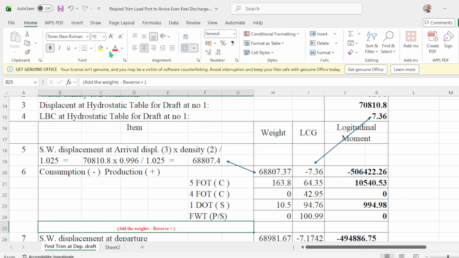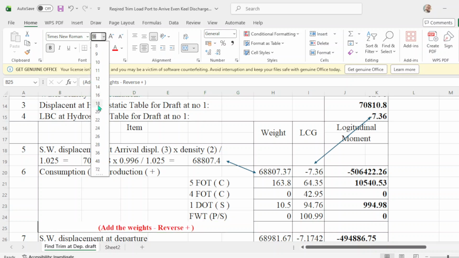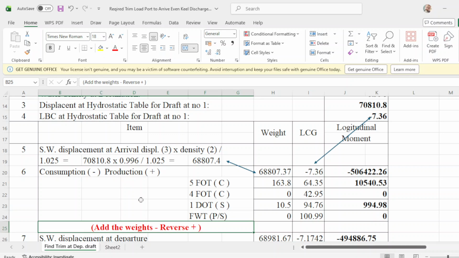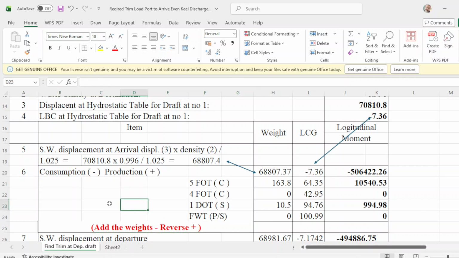So make it 16 or make it 18. So that's it. Instead of negative, make it positive.